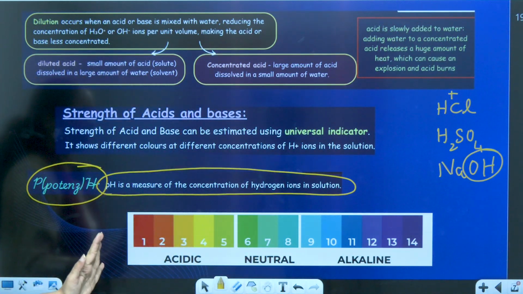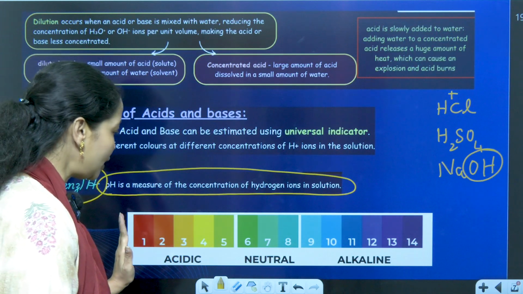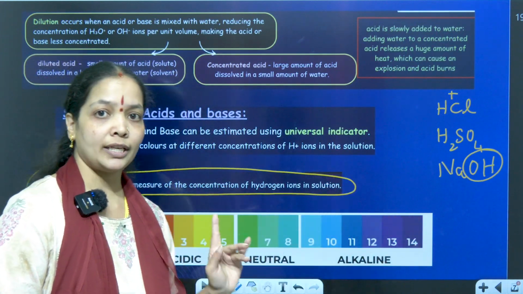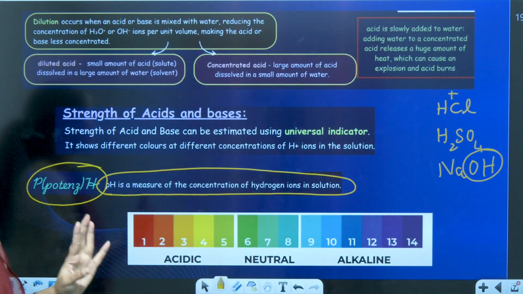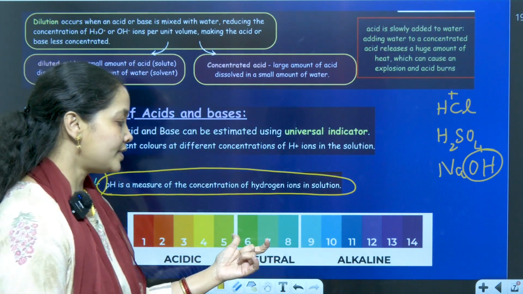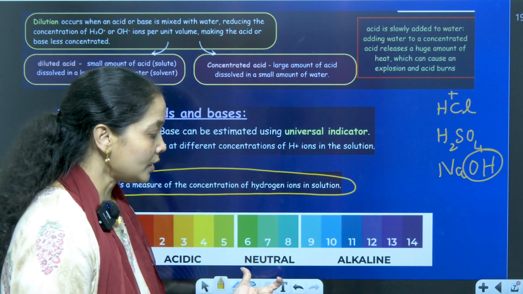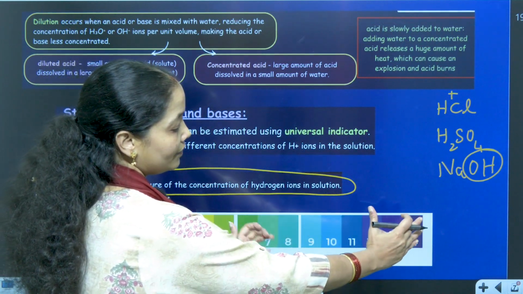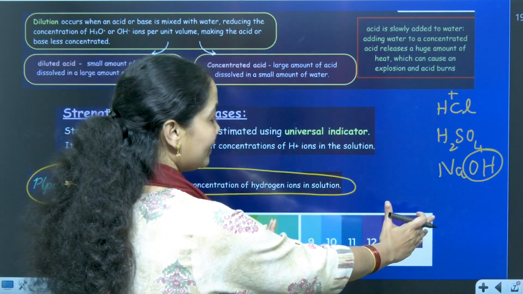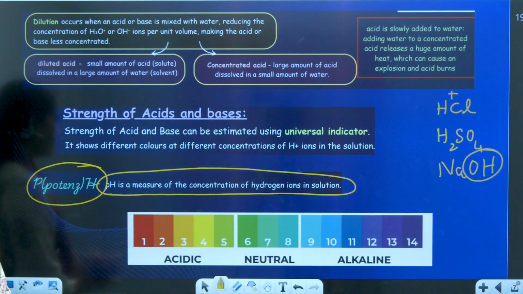The pH scale starts from 0 and ends at 14. 0 to 14 is the normal range of pH, in which if we have 6, 7, 8 as the value of pH, we call it a neutral solution. If it is more than 7, we call it the alkaline category, and if it is less than 7, we call it the acidic category.